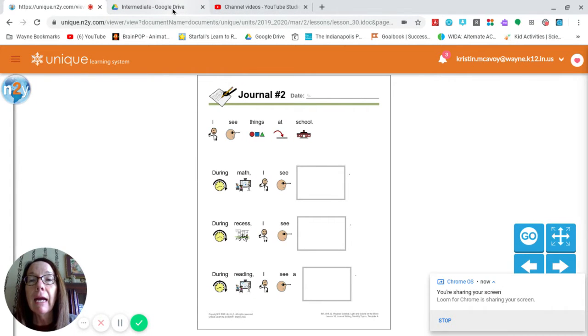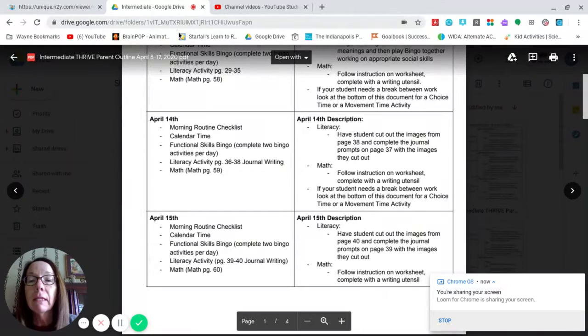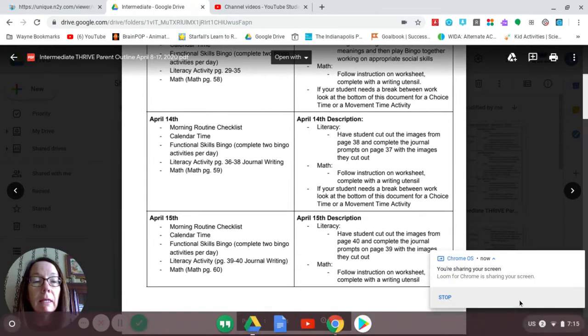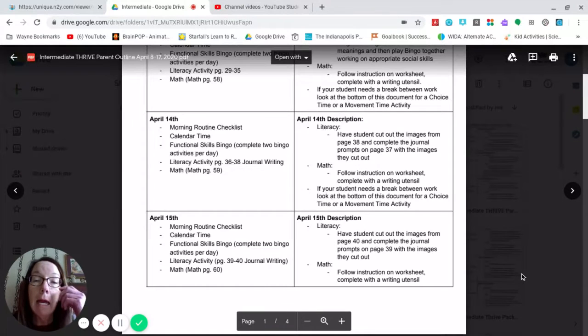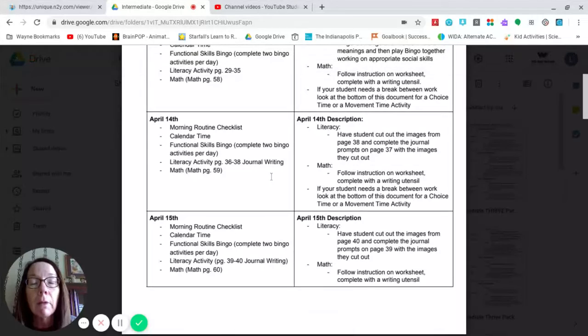If you look at this page, this is what your parents have as an outline, and it's listed here, pages 36 through 38, journal writing. Page 36 is the first page that just has my writing journal, and it's where you put your name.